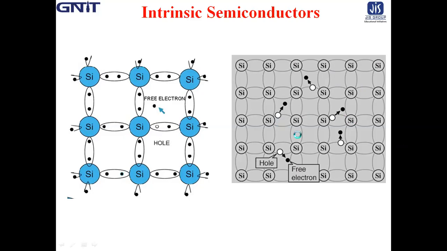An electron in a covalent bond pair next to the hole may easily occupy the vacant state, completing the bond pair but transferring the location of the hole to the site from where the electron came. So, in that way, intrinsic semiconductors conduct.